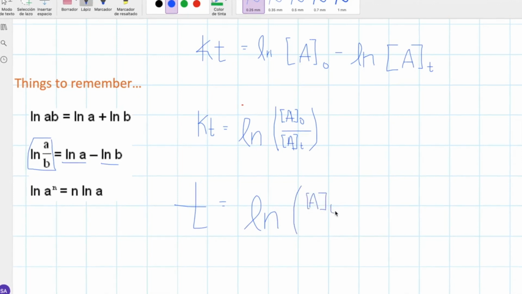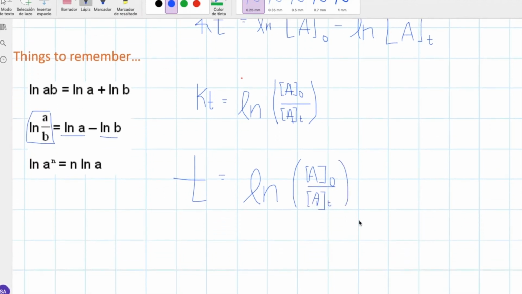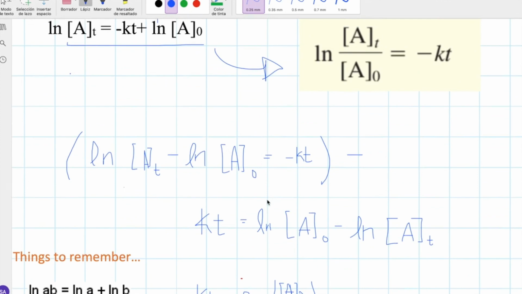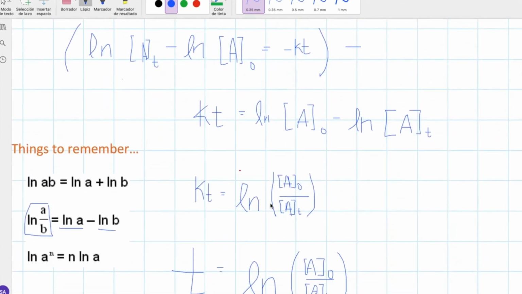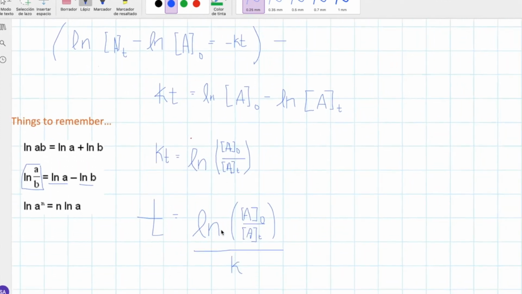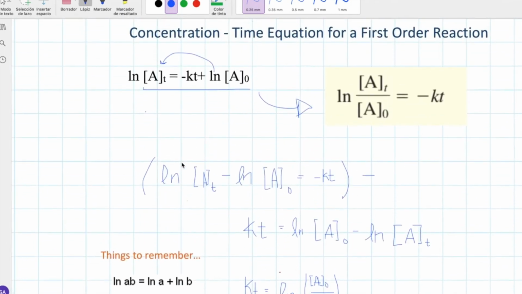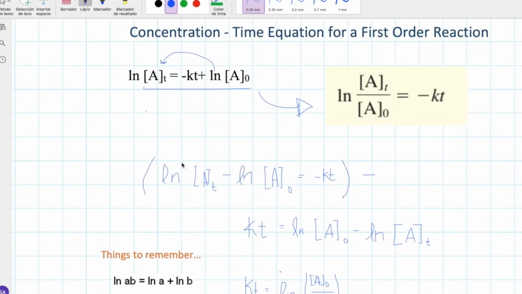There we go. So we're solving for t. So t would equal ln of initial concentration over current concentration, and this over k.